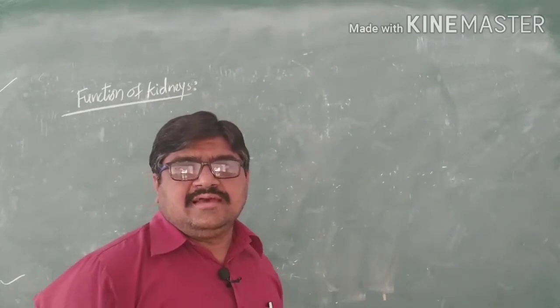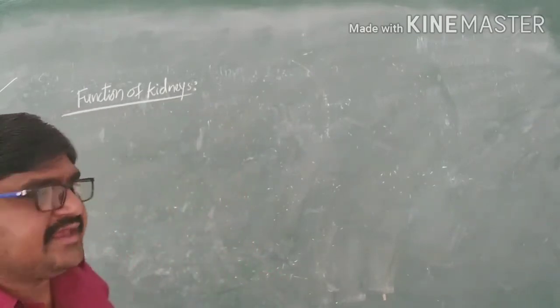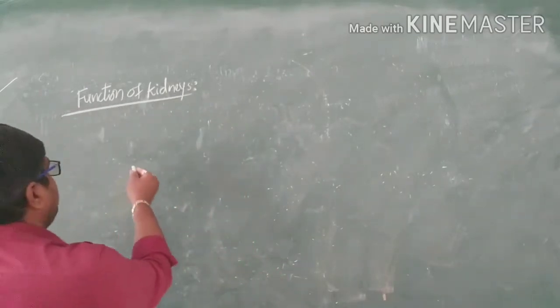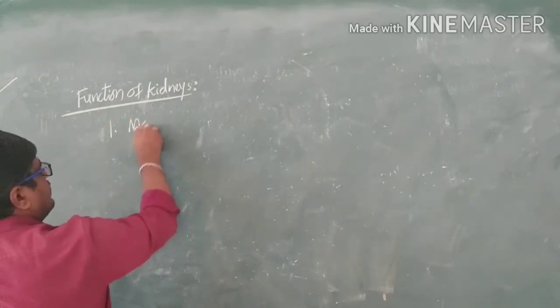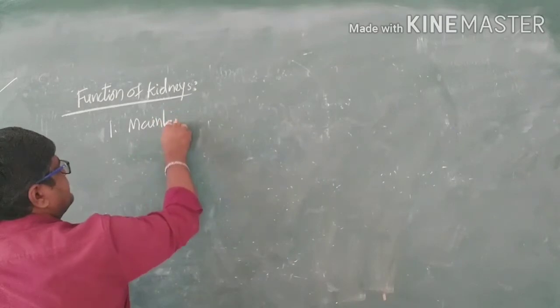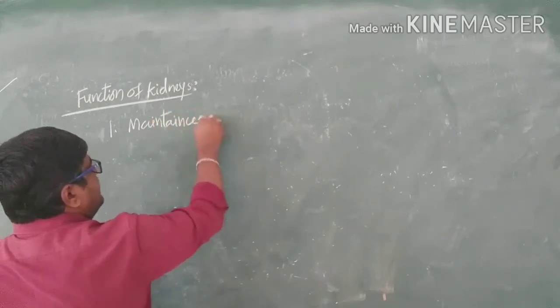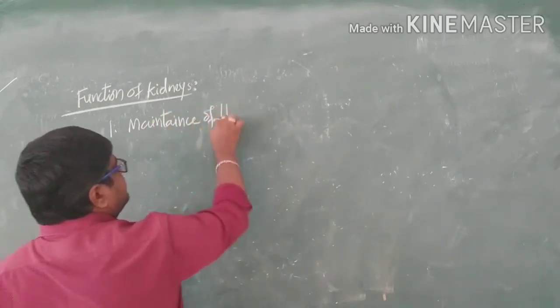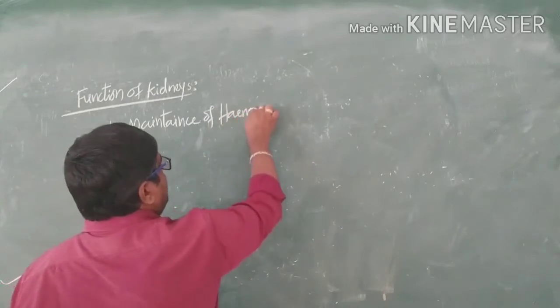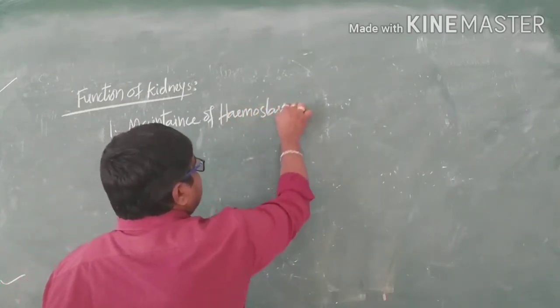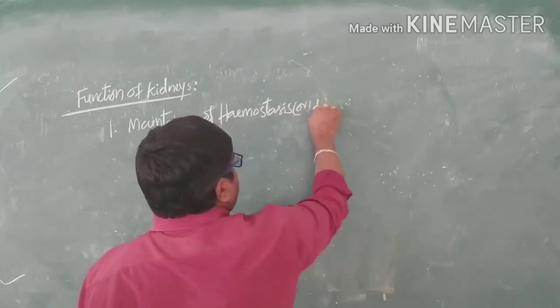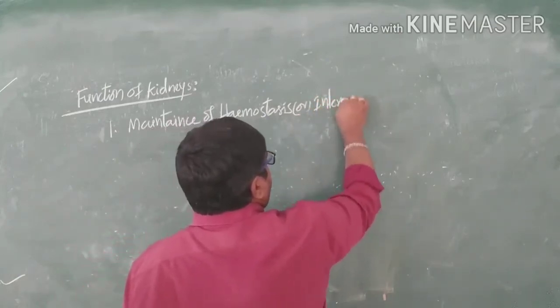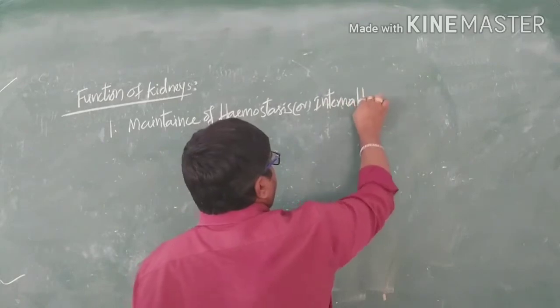Coming to the last one, that is functions of the kidneys. So here the main function of the kidney is that it is helpful for the maintenance of homeostasis. Homeostasis means the internal body environment.